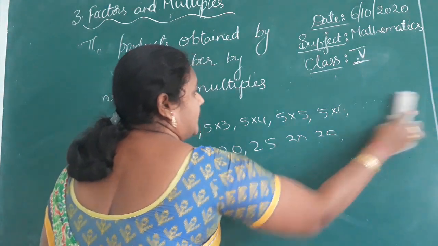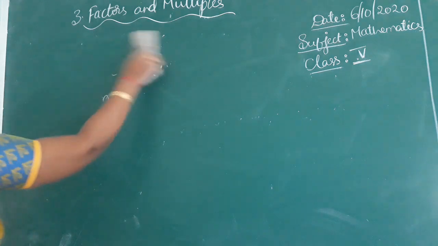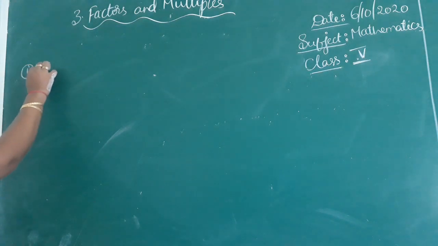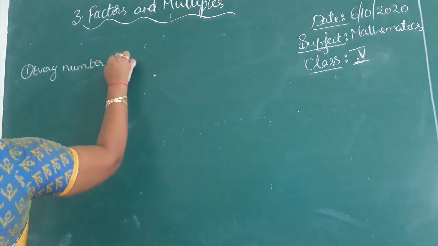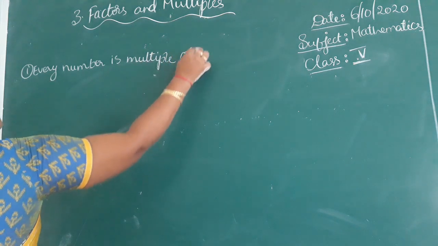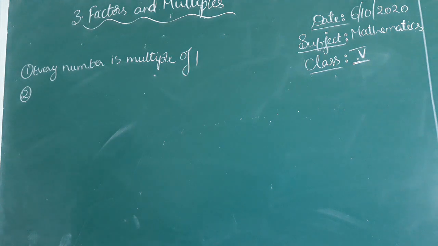Every number is a multiple of 1. We can write 1 into 2, 1 into 5, 1 into 10, 1 into 12, 1 into any number can be written as a multiple of 1.